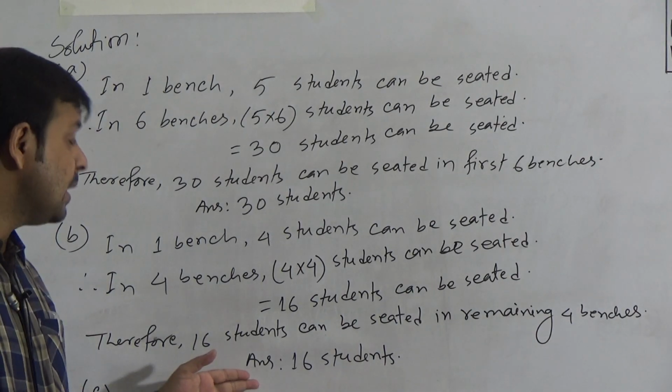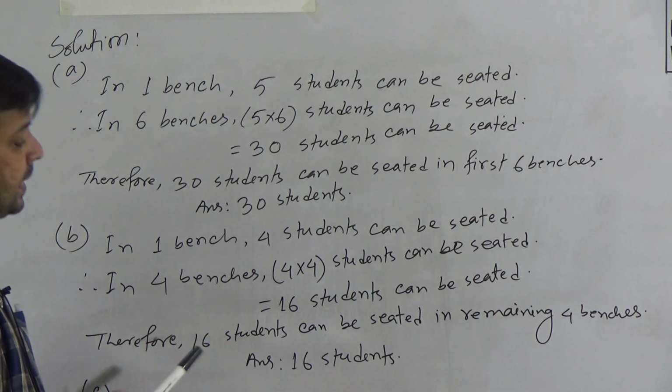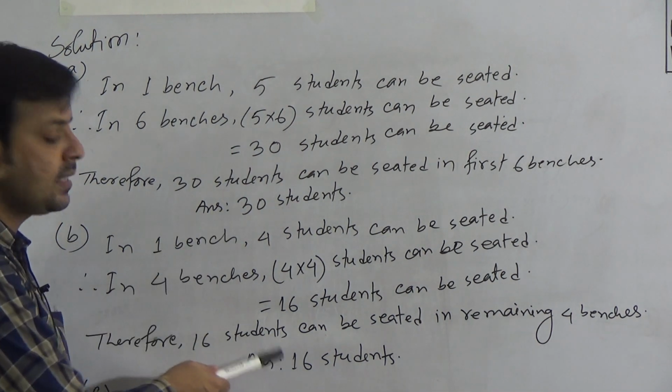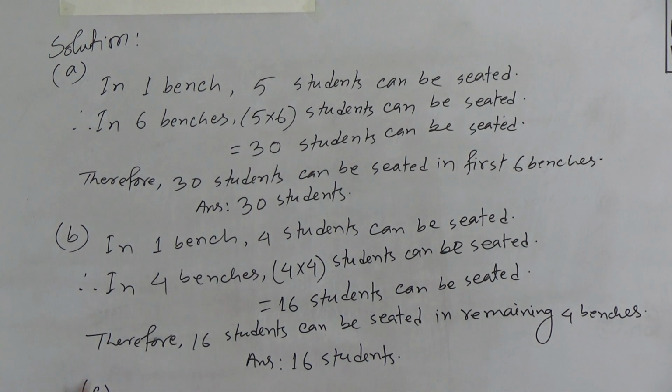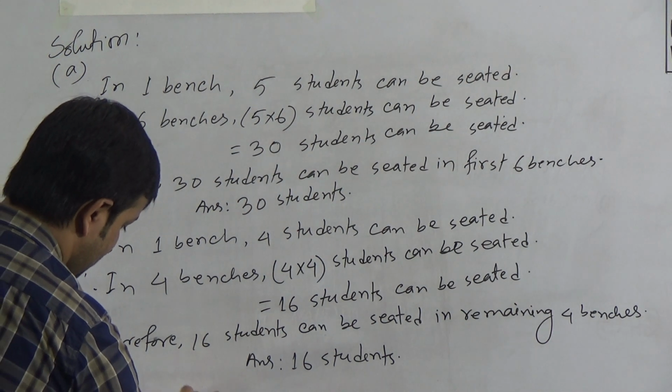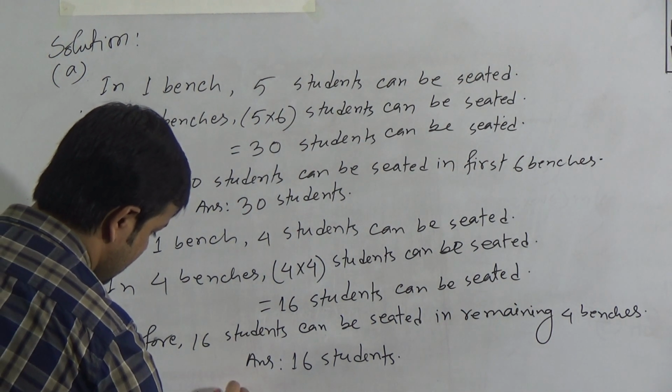So we can say total number of benches is 6 and 4, that is 10, and total number of students will be 30 and 16, if we add these two, we will get. So we can say from A we get.